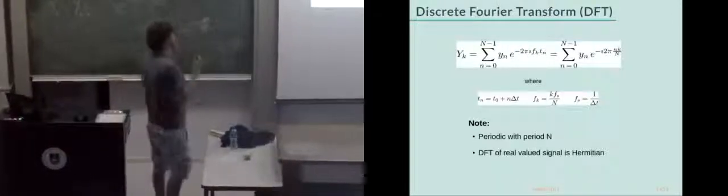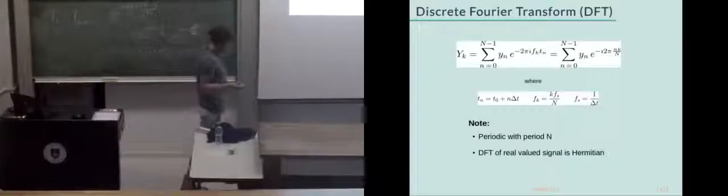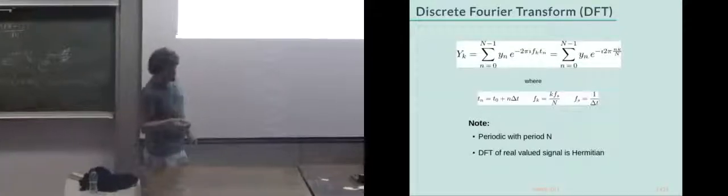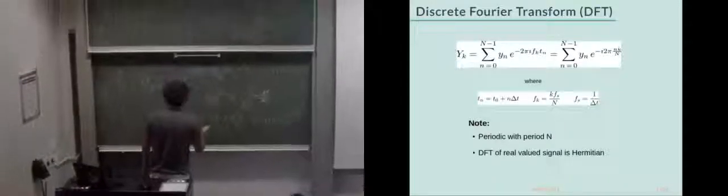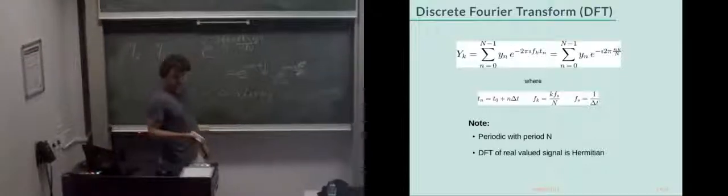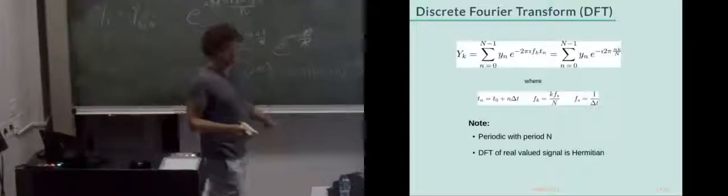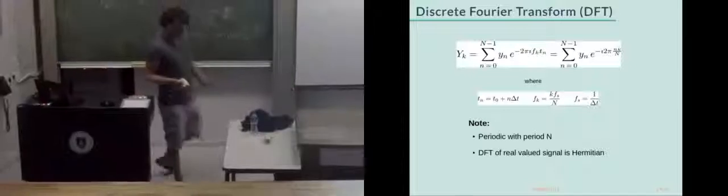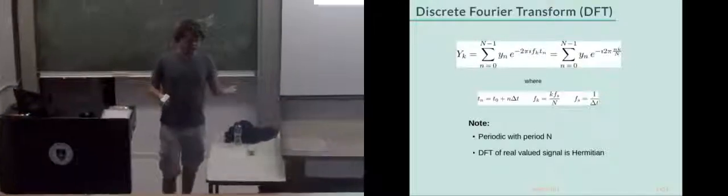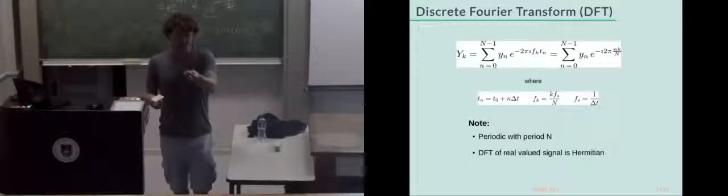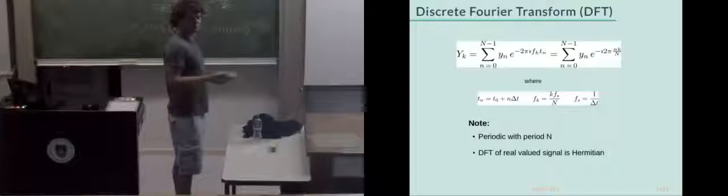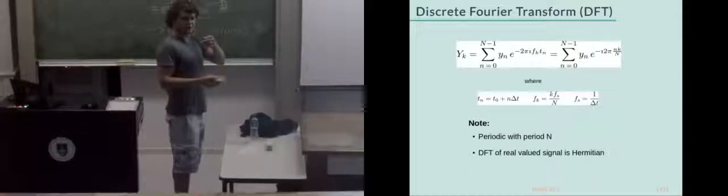And then the discrete Fourier transform of a real valued signal is Hermitian. What does that mean? Do you guys know what Hermitian means? It means that the value of the number is the same as its complex conjugate.